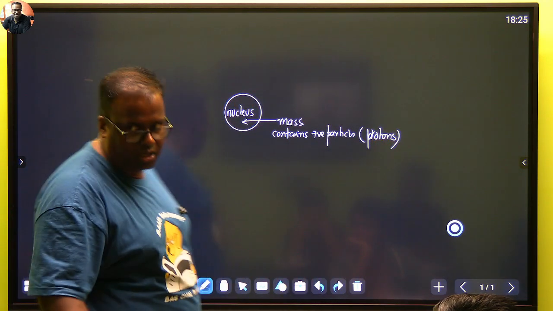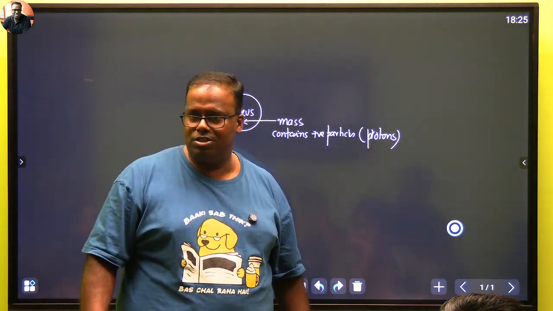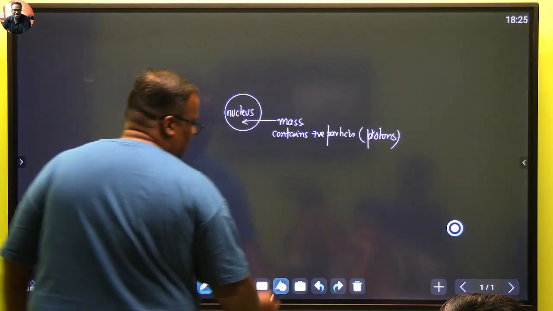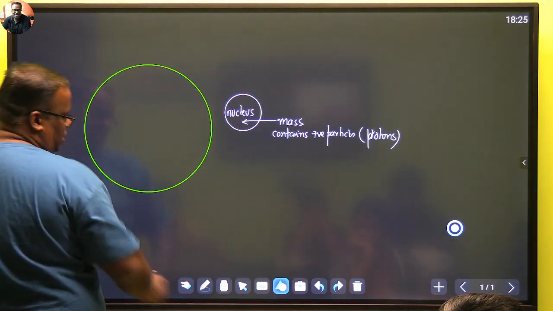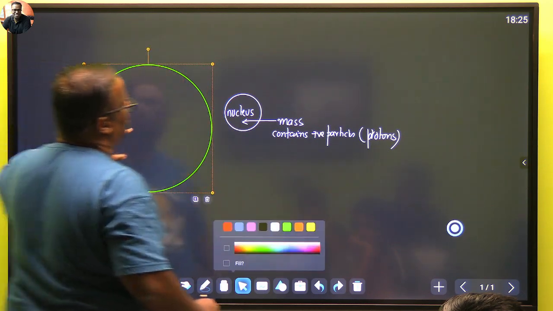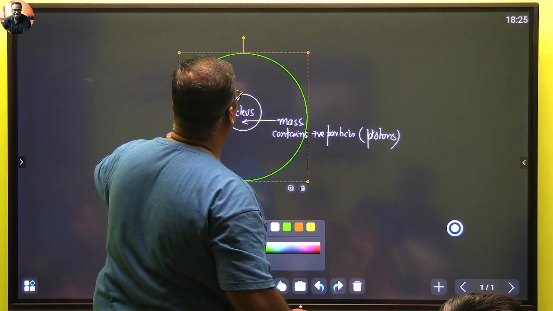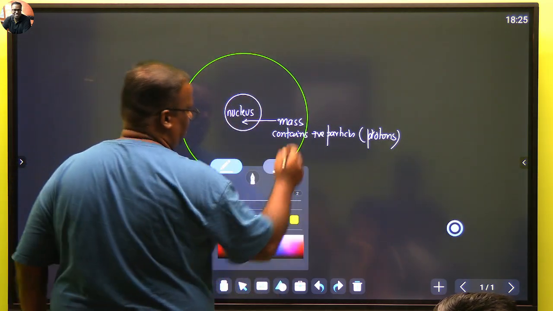Then people started asking him, sir, what about the electrons? So he said that the electrons are more stylish, and these electrons revolve around the nucleus in an orbit. ठीक है? तो जितने electrons हैं वो कैसे हैं?